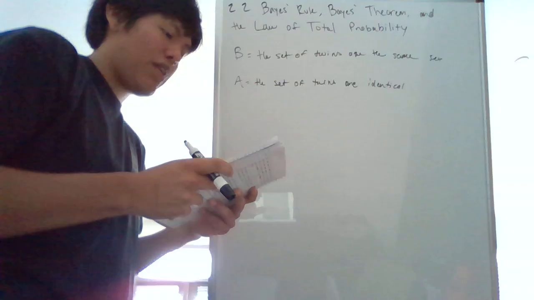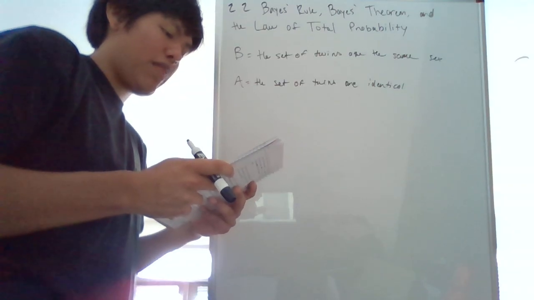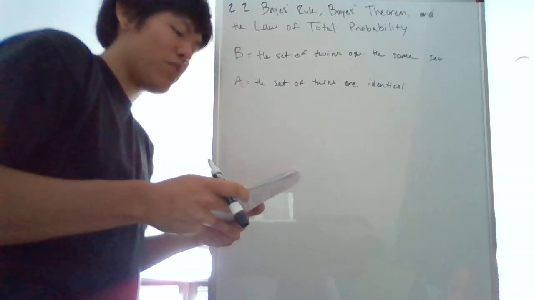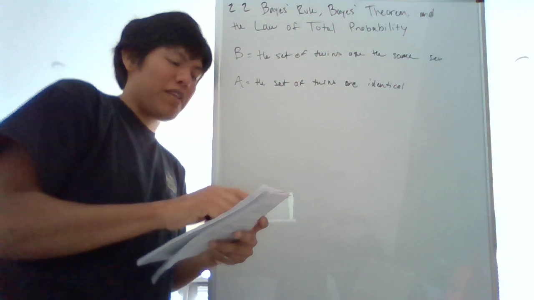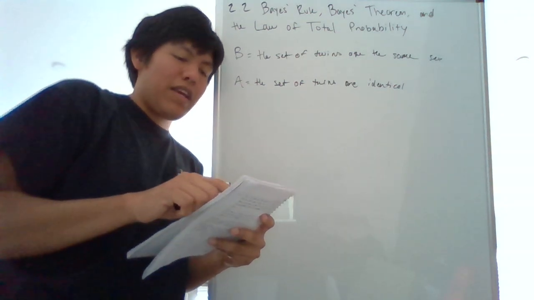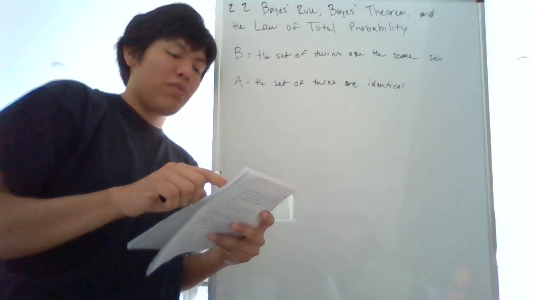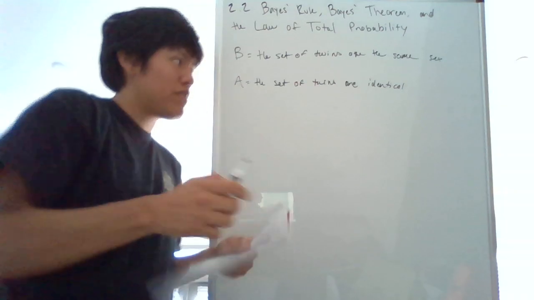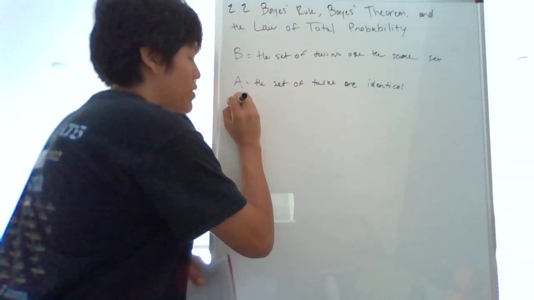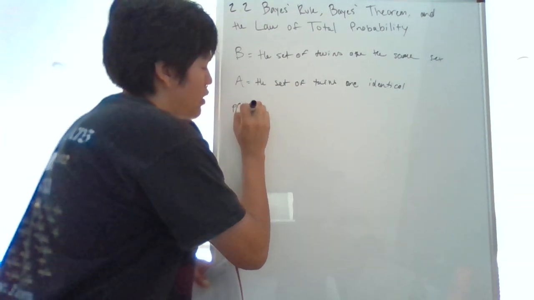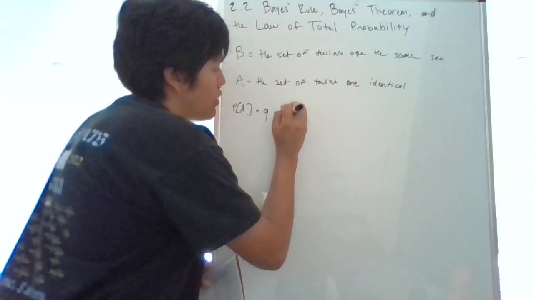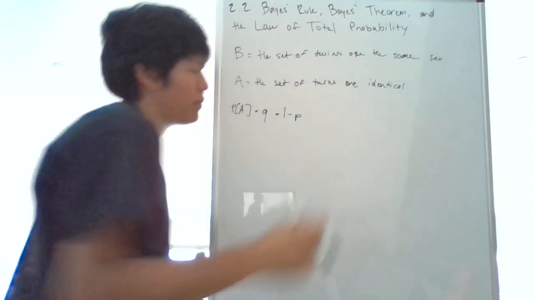Well, that is given to us because in the problem it says an identical set is Q, which is equal to 1 minus P. So the probability of A happening is Q, which again is equal to 1 minus P.